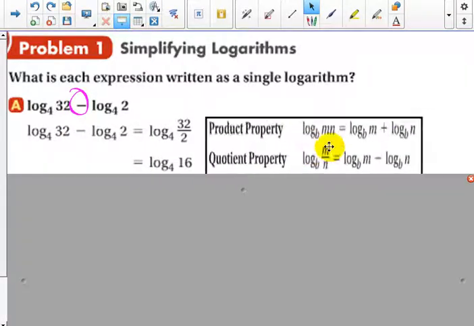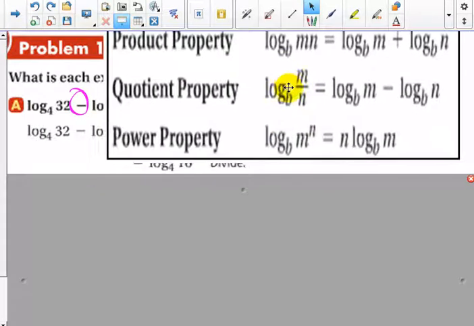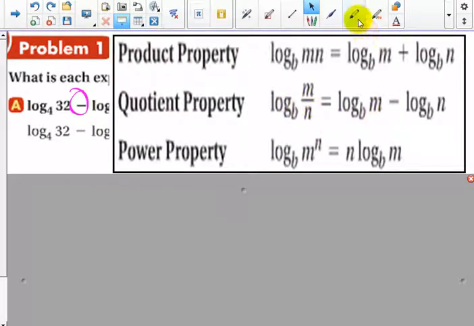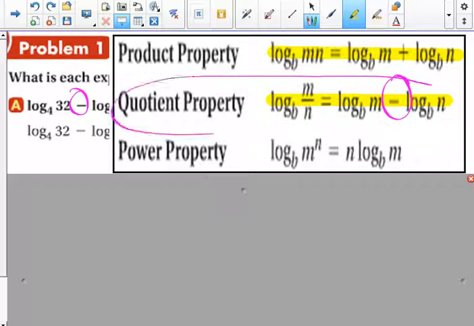Which one has the minus, has the subtraction? Is it the product property? Does that have the subtraction in it? Yes or no? No, thank you. Okay, is it the quotient property? Yes, thank you, good job. So there's that minus sign. So this is the one we're going to use.